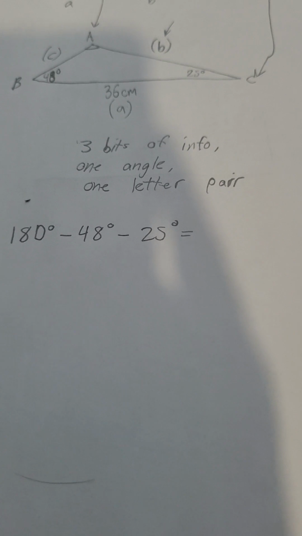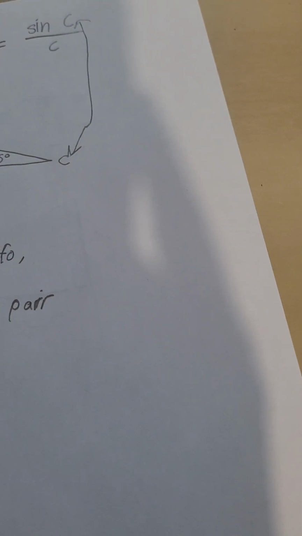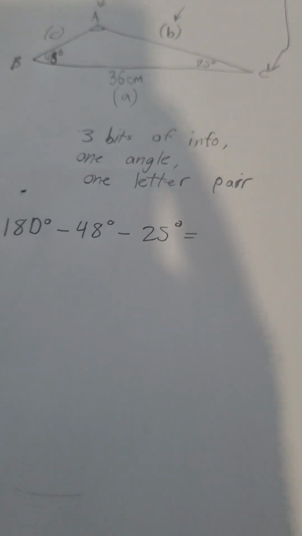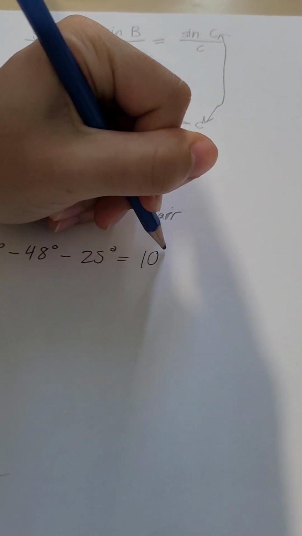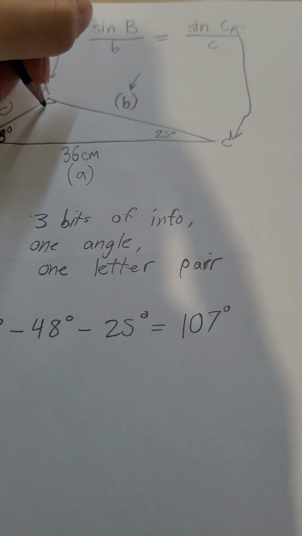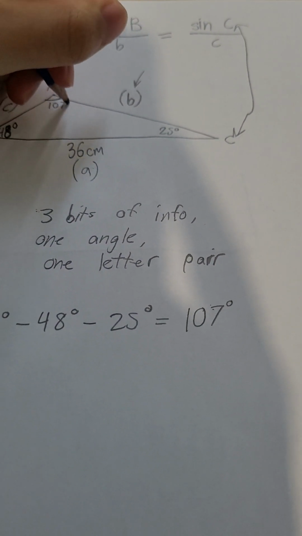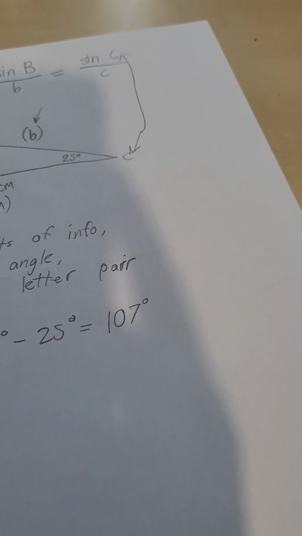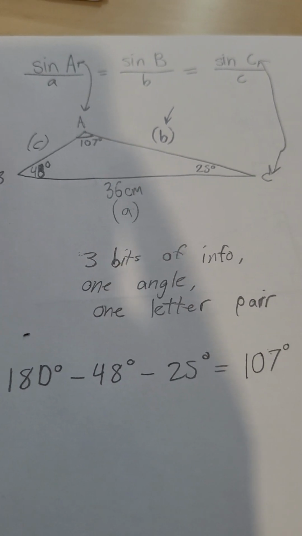You can just punch it into your calculator if you're too lazy to figure it out on your own, which I am about to do. 180 minus 48 minus 25 gives you 107 degrees. So now we actually know the value of this A. It's 107 degrees. So now we have this letter pair, and we can apply the sine law.